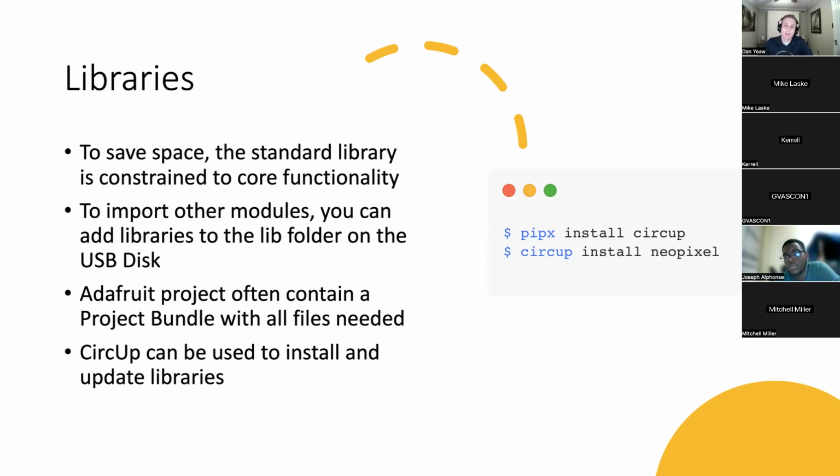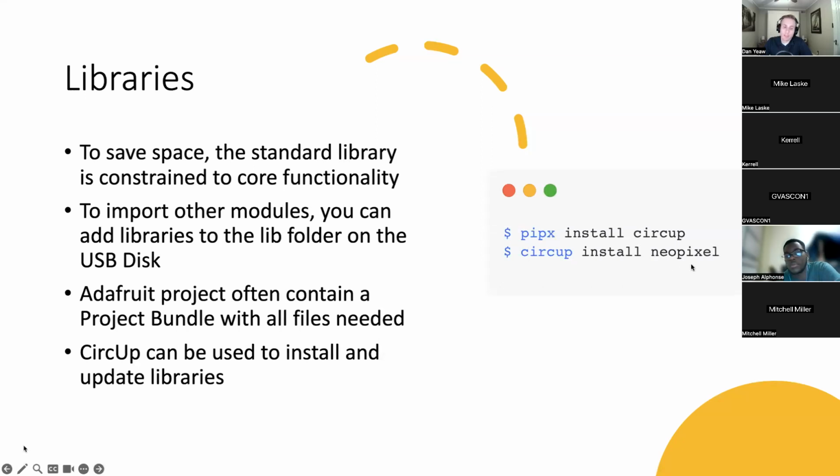There's also a command line tool we could look at a little bit called CircUp. And it can be used to install and update libraries. So this is an example. We use pipx, which is a cool tool to install libraries in Python that you want, not just for a project, but computer-wide, that you want available. And then you can do something like circup install neopixel, and it will install the library.